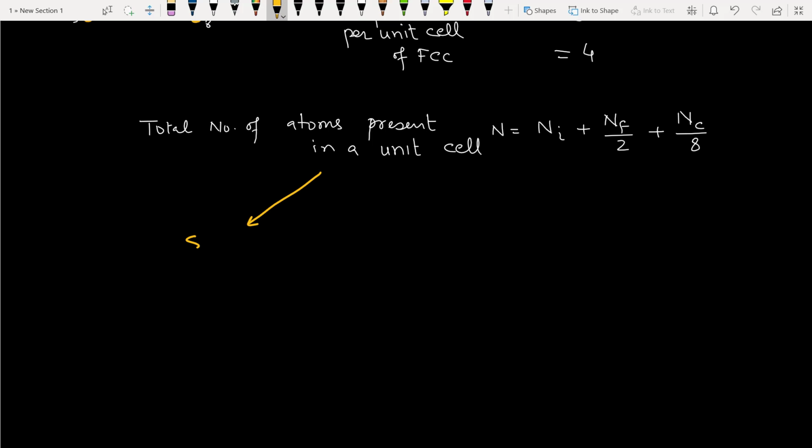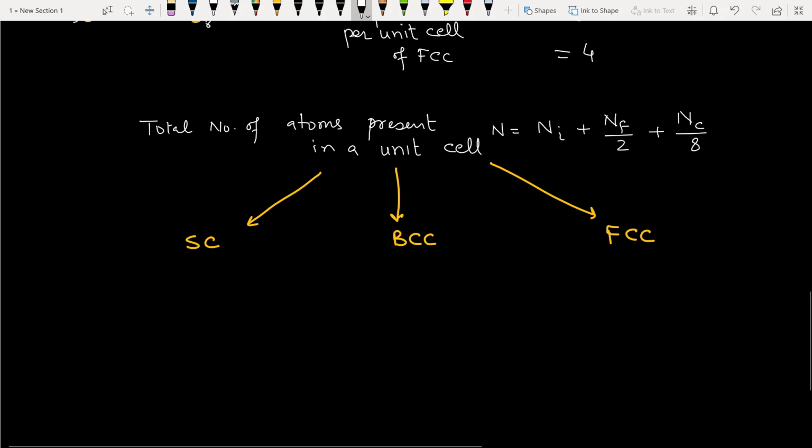So we will calculate for simple cubic, BCC and FCC arrangements one by one. In simple cubic, inside 0, faces 0, corners 8 atoms, so the answer will be 1.